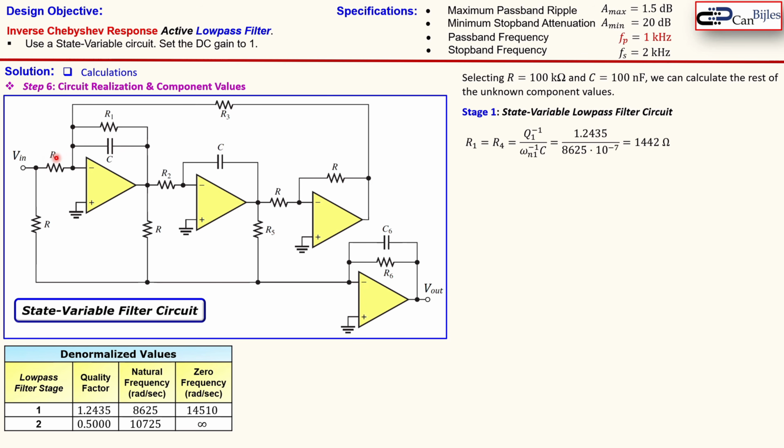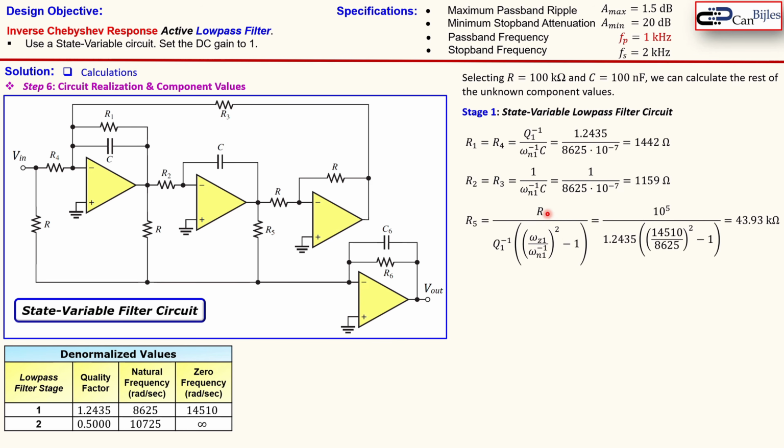So we set these two resistors equal to each other and calculate that using this formula, again taking the values from the table here, the quality factor and the natural frequency. And the capacitor C we have selected as 100 nanofarads, and it will result in the value here. The R2 and R3 are calculated using this formula. So again, the natural frequency and the capacitor we have selected, and you see here the value.